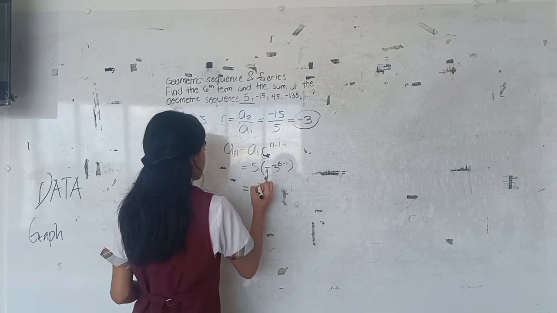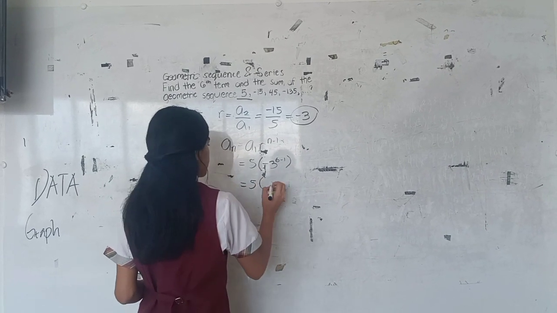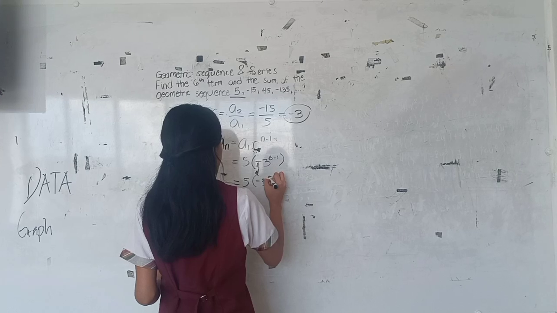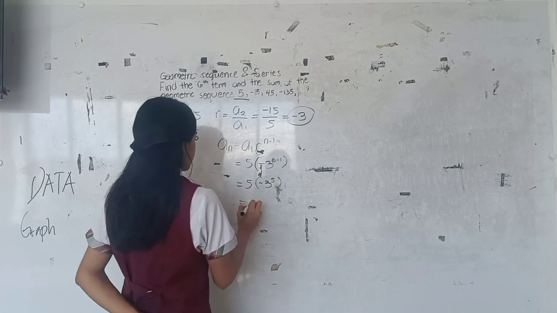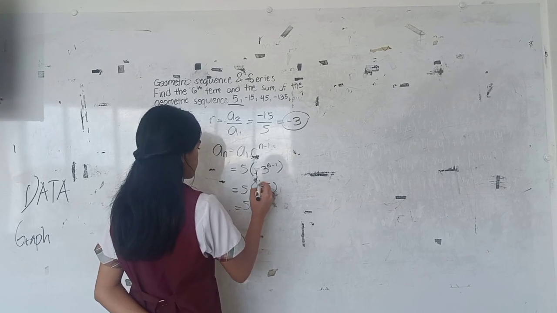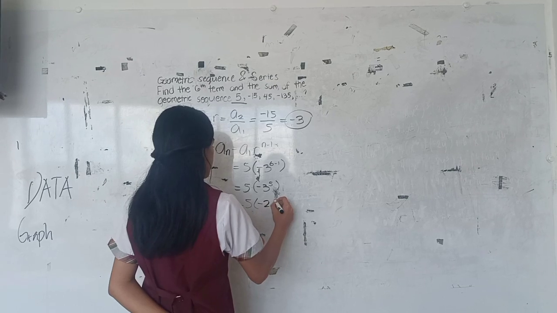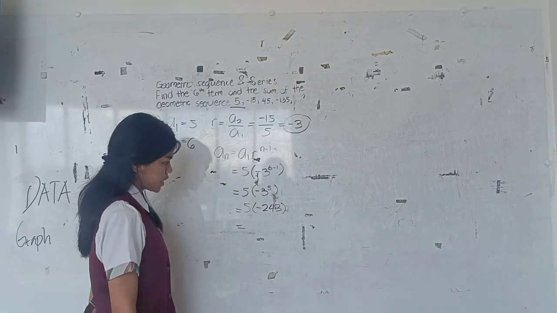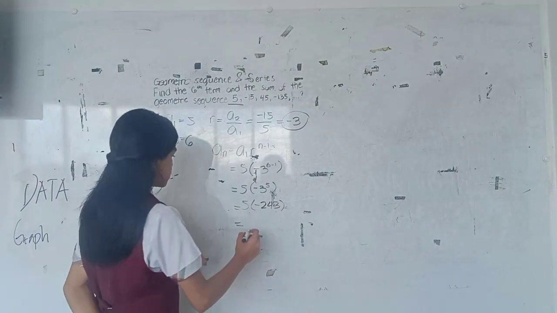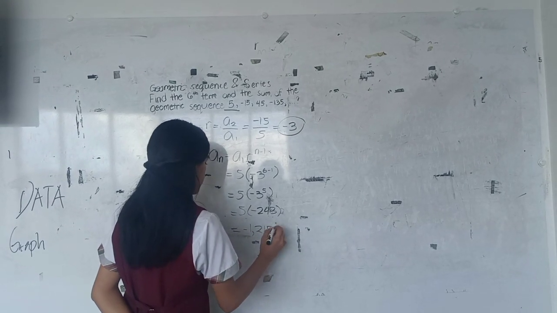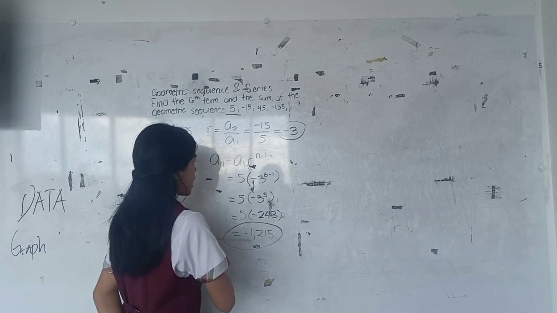Copy the 5 times negative 3, and 6 minus 1 is 5. So it equals 5 times negative 3 raised to 5, which is negative 243. And 5 times negative 243 equals negative 1,215. So that's our a sub n.